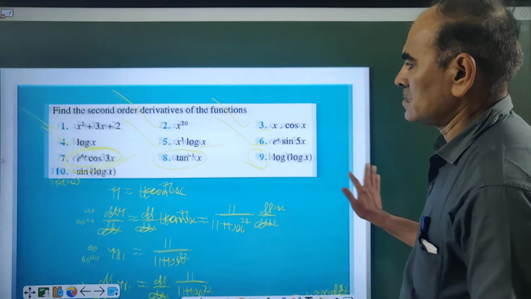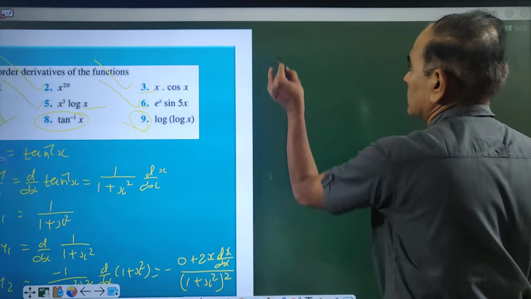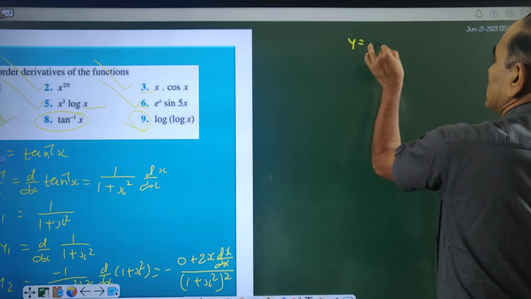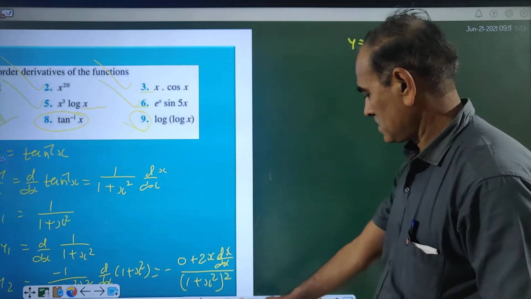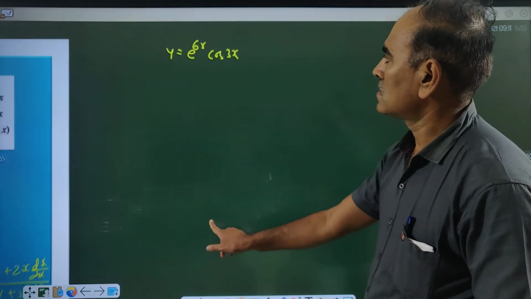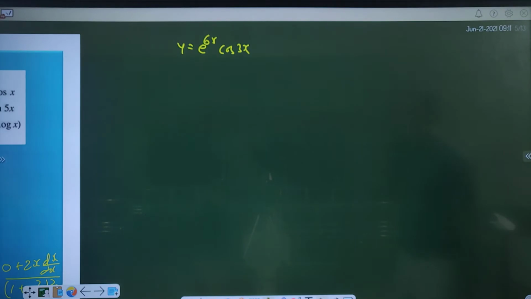y is equal to e raised to 6x cos 3x. Find out the second derivative.